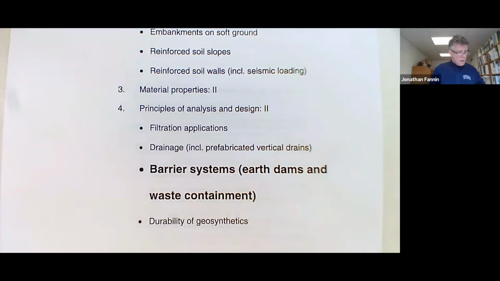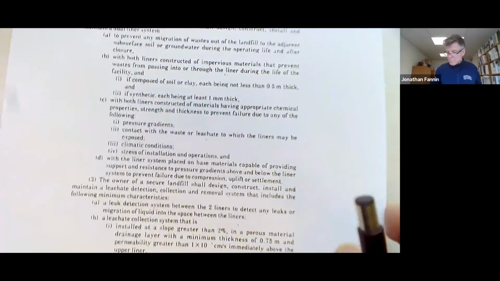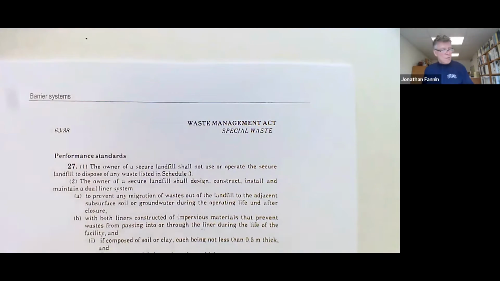Okay, now in terms of evolution of design practice, let me turn to BC. And what I'm going to argue is there are many similarities and one or two subtle differences between design practice in one jurisdiction versus another.